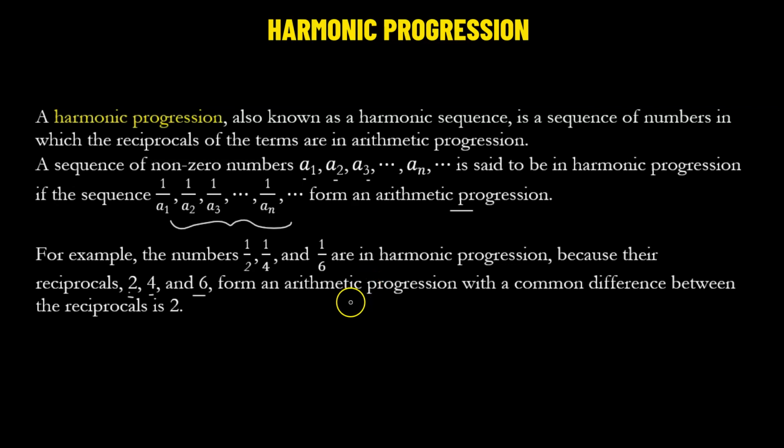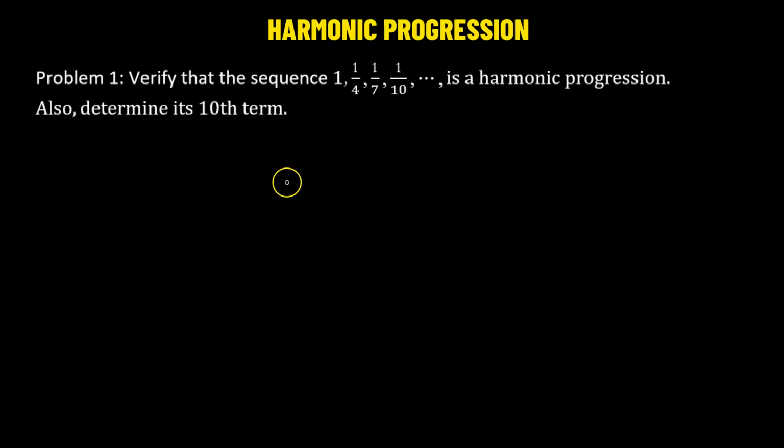Let's try to understand harmonic progression with the help of a few problems. So here we need to verify that the sequence given by 1, 1/4, 1/7, 1/10 is a harmonic progression. So let us begin. Let's consider the first term a1. So a1 is 1, and its reciprocal, 1 over a1, is going to be 1 as well.